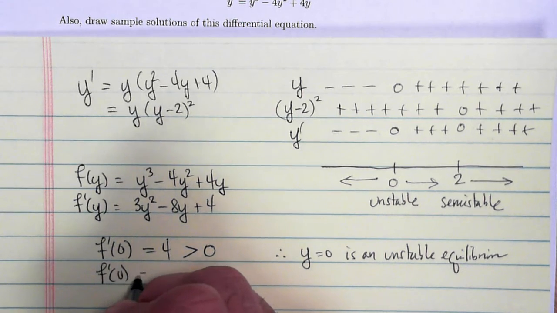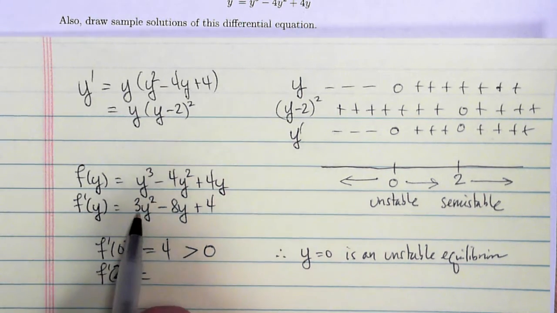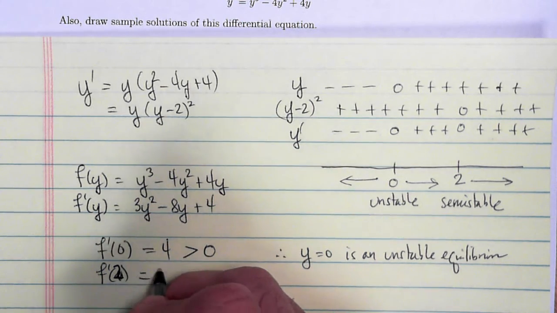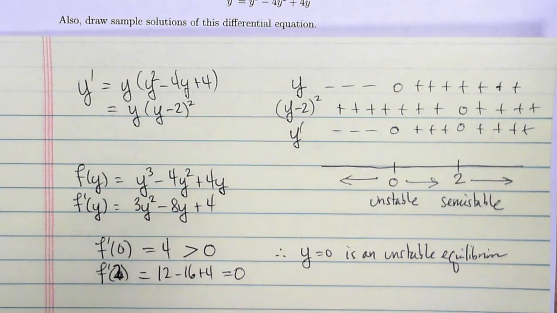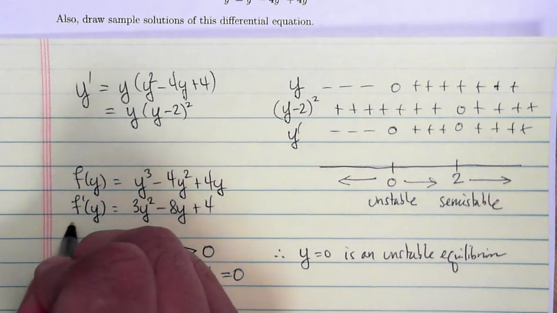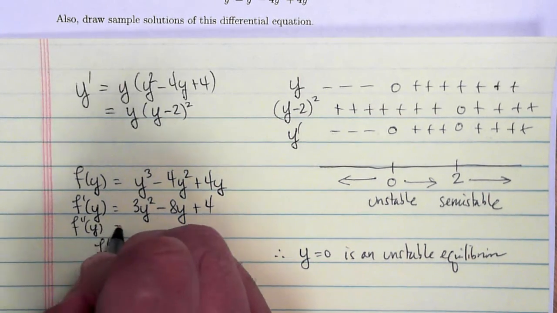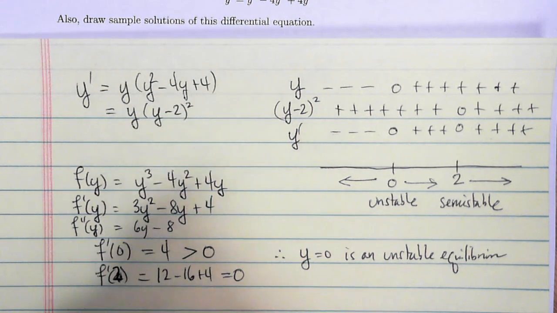If I plug in the other equilibrium point 2, we get 12 minus 16 plus 4. That's actually equal to 0. So from that, I can't figure out quite yet if it's semi-stable or not. What I have to do first is figure out the second derivative. That's going to be 6y minus 8.